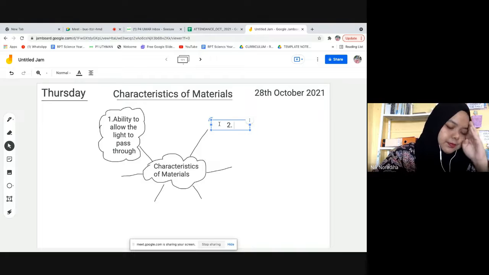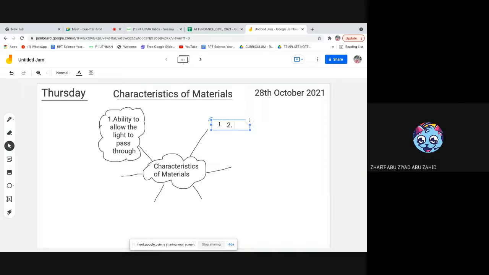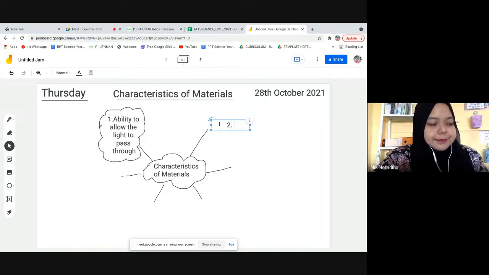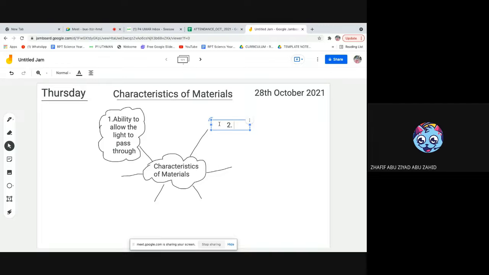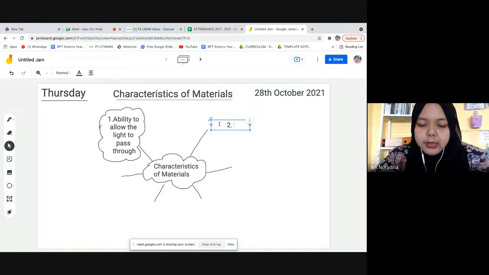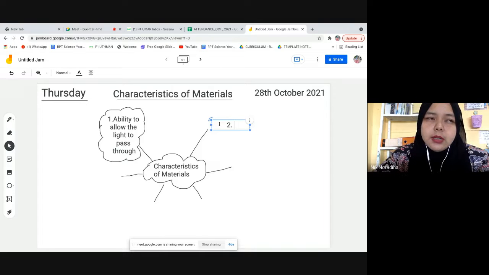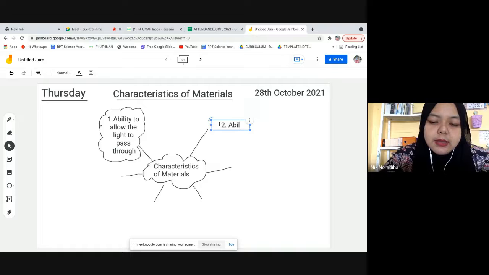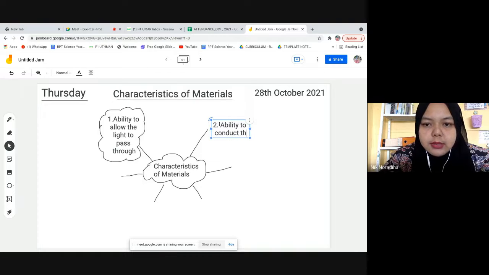Number two. Anyone know number two? Can I answer? Can? Heat conductor and heat insulator. Okay, heat conductor and heat insulator, the ability to conduct the heat.